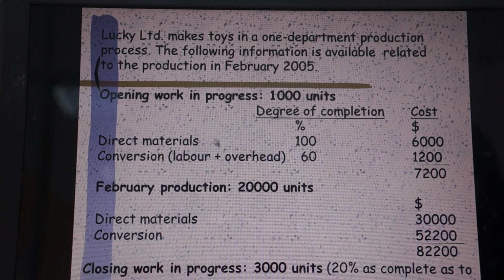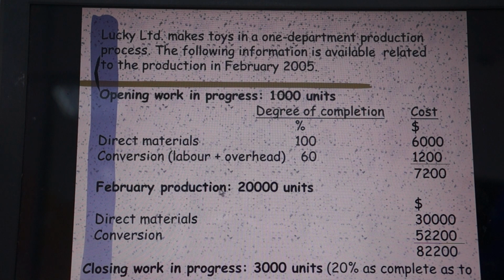Okay, in process topic, sometimes labor and overhead is merged, or we call as conversion cost. Okay, 60% complete with cost 1,200, with the total cost is 7,200 for opening work in progress.